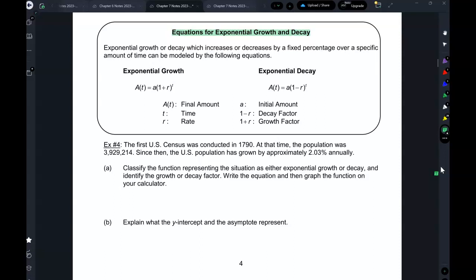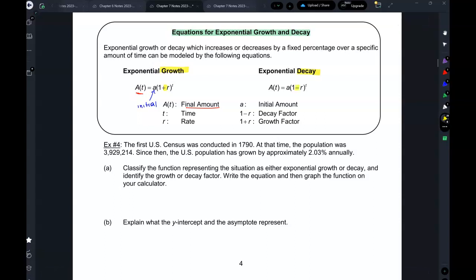Okay, so let's take a look here. A of t here is the final amount. Little a is the initial amount. Okay, r is your rate in decimals, right? So divide the percentage by 100, and then t is time. So look, for growth, this is a plus.